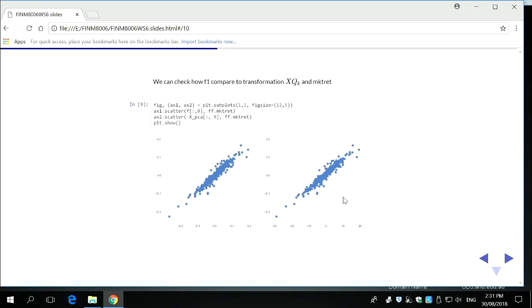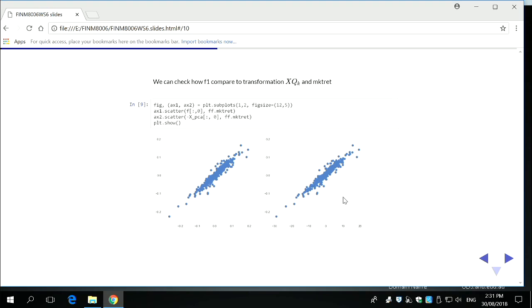They are the same. Except if you look at the bottom scale, the scales are different. But in terms of the correlation structure, they are the same.